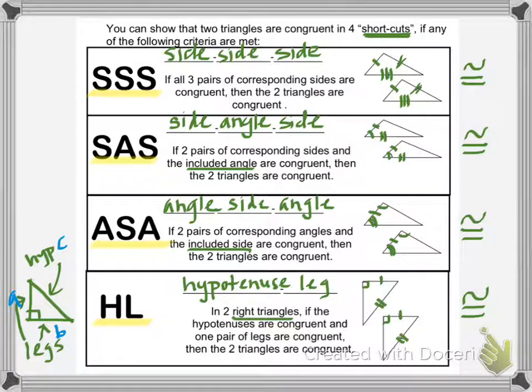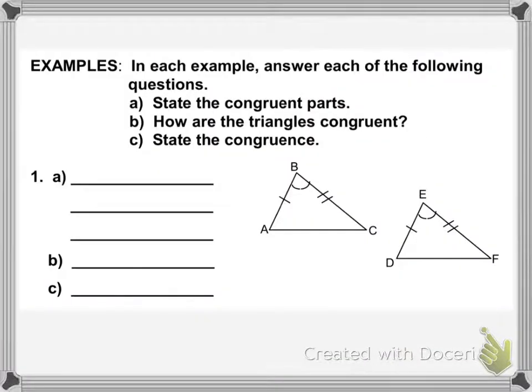All right, so let's try this with some examples. For each of these examples, you have a picture, and you are using the information from the picture. So they're going to be given to you in markings, or sometimes in statements. First thing we're going to do is state all the congruent parts that we can see. Then we're going to decide how the triangles are congruent, meaning by SSS, SAS, ASA, or HL.